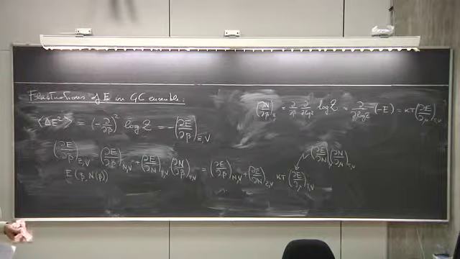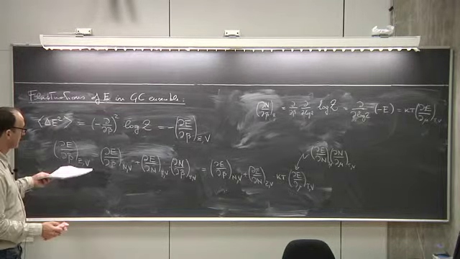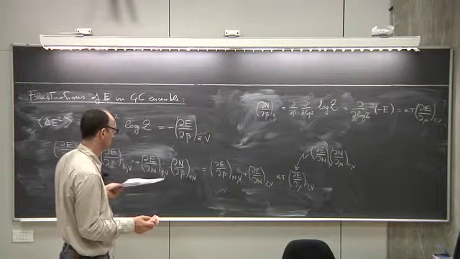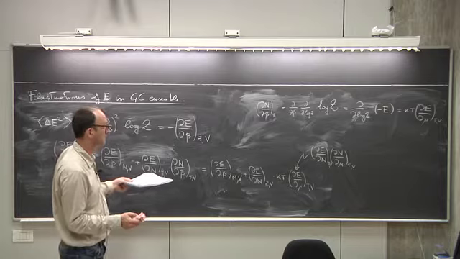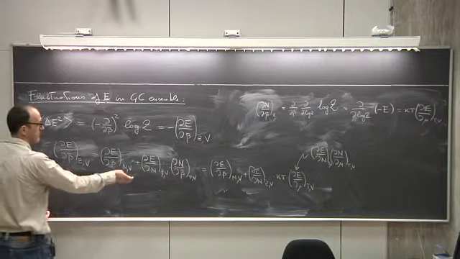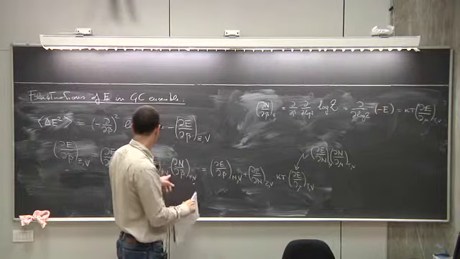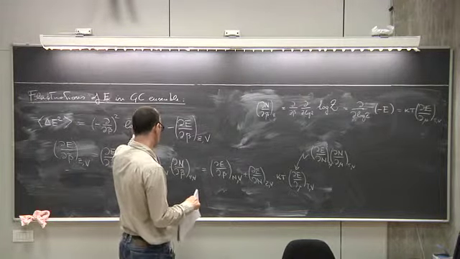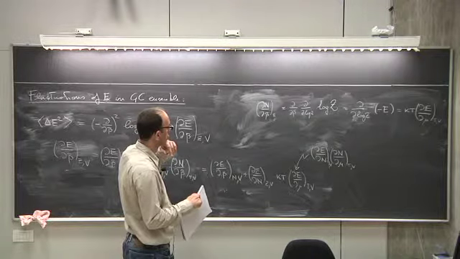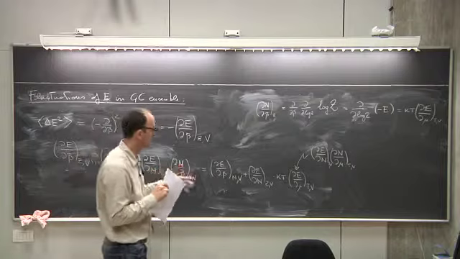You see, if I put all these things together, what I have is kT dN/dβ.